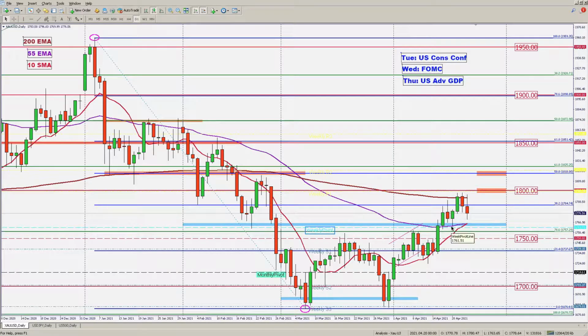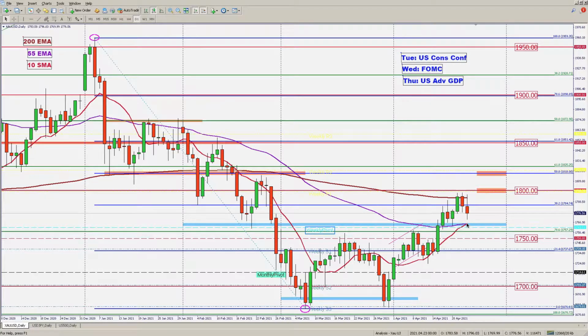It bounced off the 55 on Tuesday and was blocked by the 200 EMA, just shy of hitting the 1800 resistance zone, and pulled back further on the volatile Friday, with a swing up to retest the resistance and almost reaching the support as well.